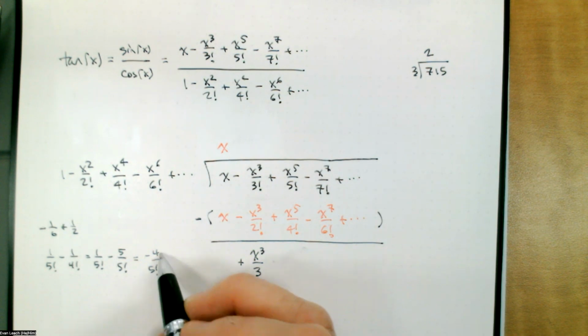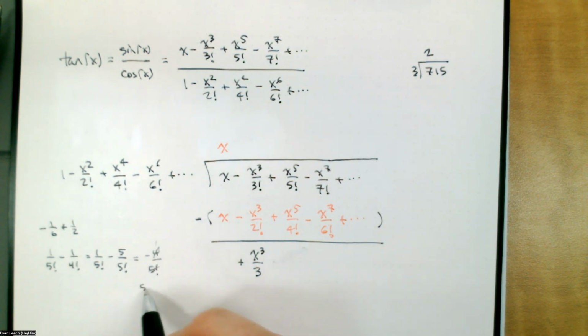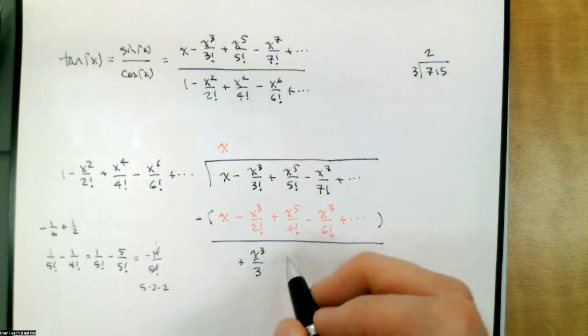If we cancel out the 4, down here is going to be a 5, a 3, and a 2. So 1/30th.